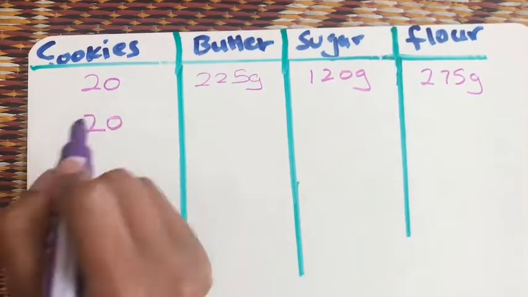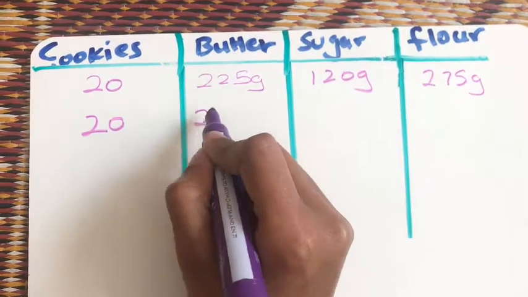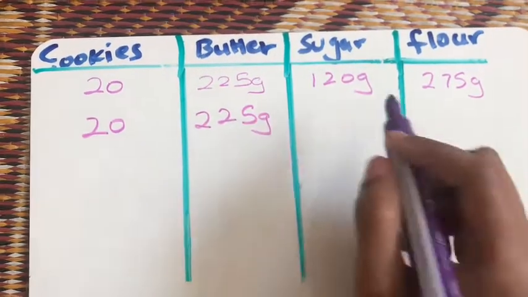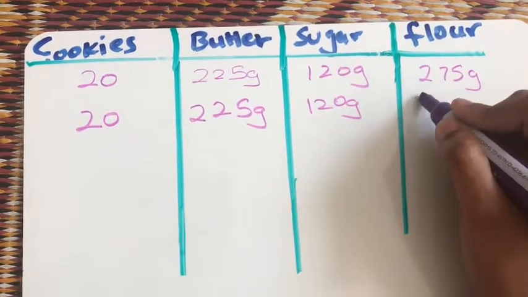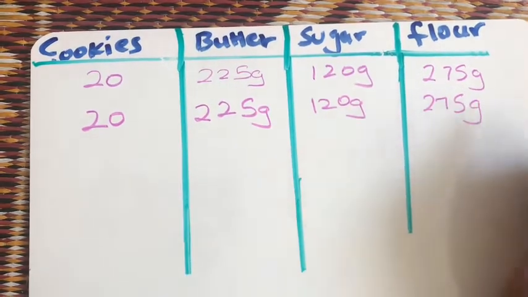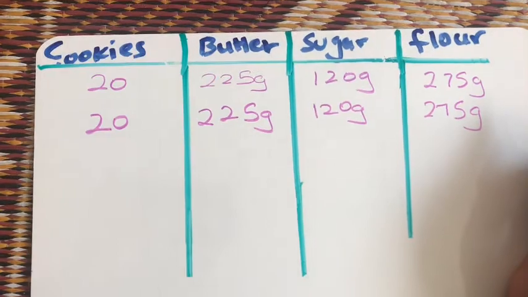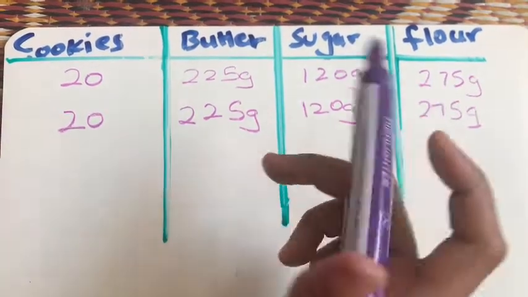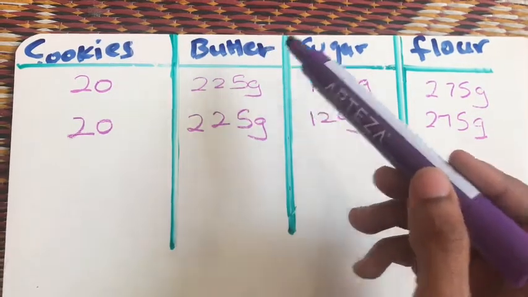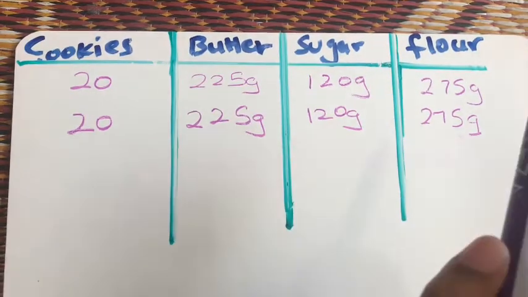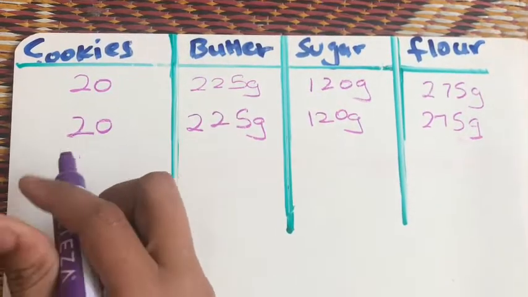If we make another 20, we would need an extra 225 grams of butter, 120 grams of sugar, and 275 grams of flour. We agree, right? We need to find the amount of butter, sugar, and flour that Liz would need to make 10 more cookies.